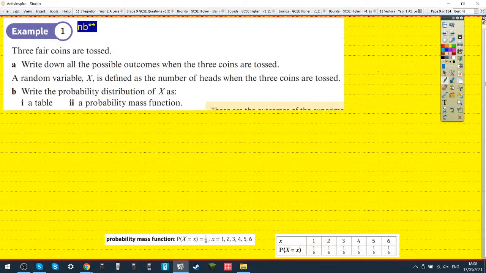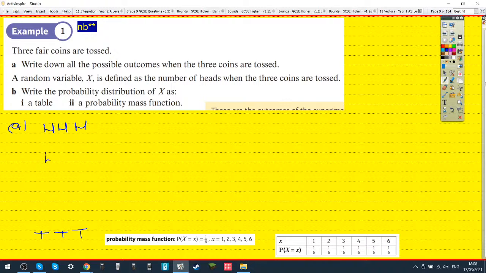Right, how about this? Write down all the possible outcomes when 3 coins are tossed. 3 heads. 3 tails. Heads, tails, tails. And tails, tails, heads.